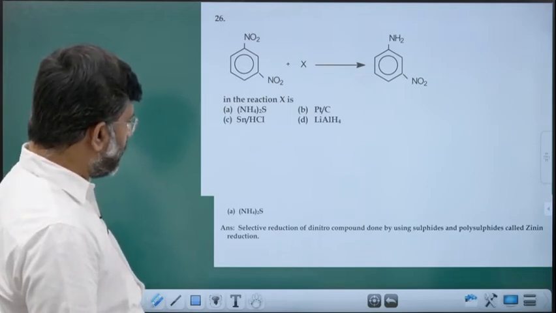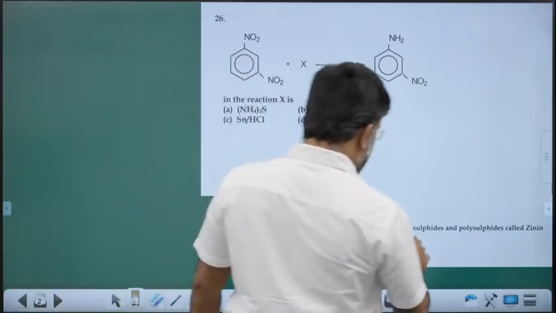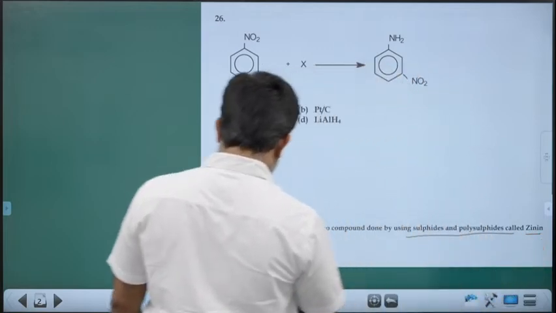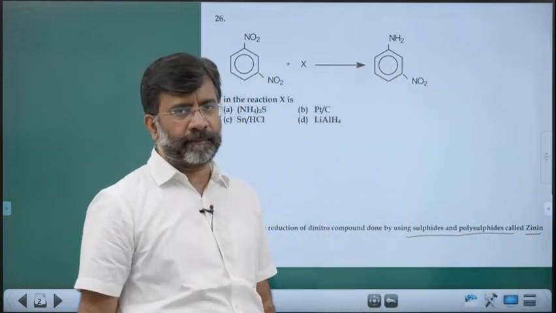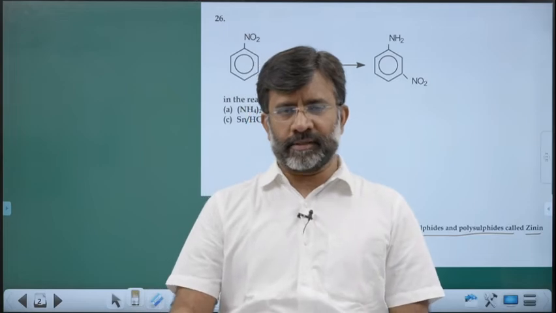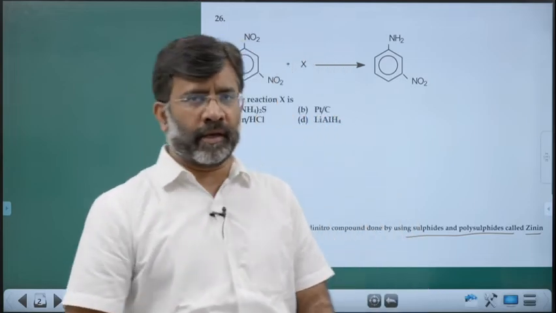Selective reduction of a dinitro compound using sulfides and polysulfides is called Zinin's reduction. Not in the syllabus, but an additional point which you can make a note of.